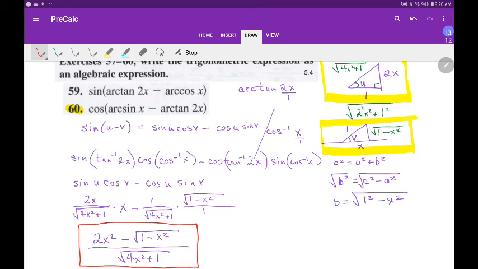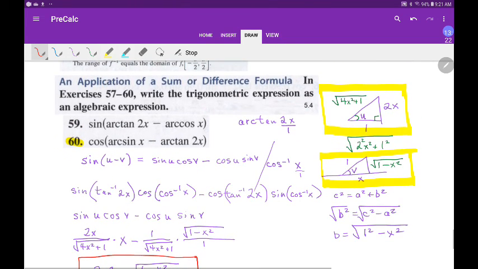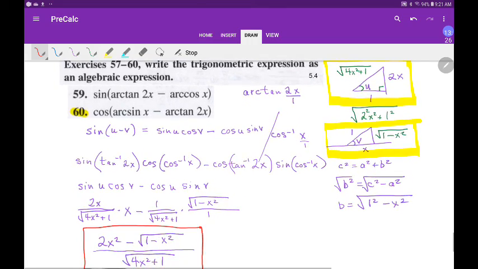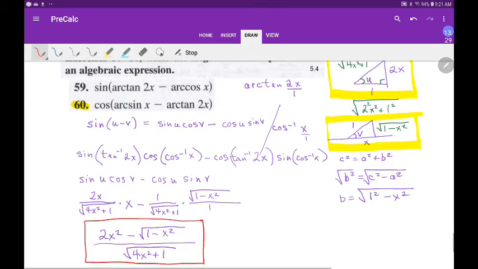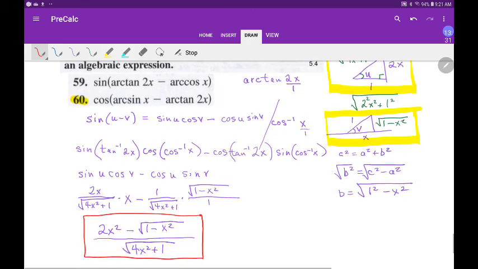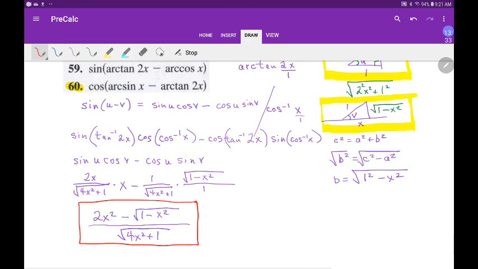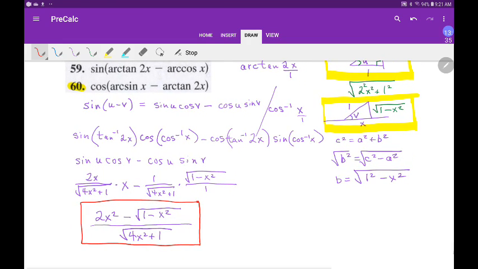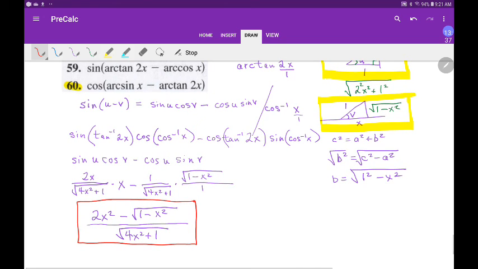I don't know what x is. But I never actually had to know the angle to find this. I just used it. Once I drew the triangles, that was good enough. I used the angle in its position to find out what they wanted to know. And if I was a glutton for punishment, I'd go ahead and get rid of the radical on the bottom. But we've already practiced that today, so I think that's good.